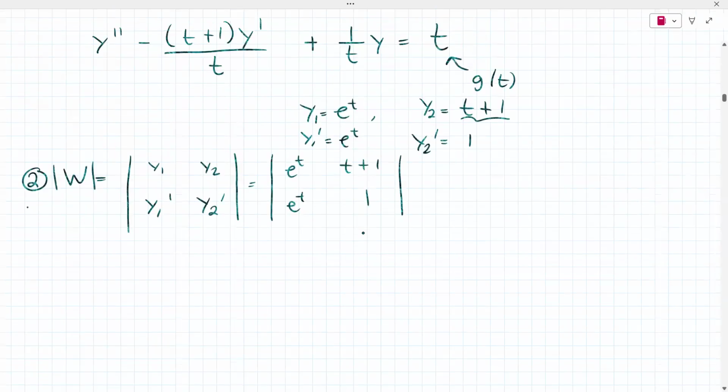Okay, now this is a 2 by 2 matrix, so it's easy to find the determinant. Basically you just multiply this, minus, and then multiply this.